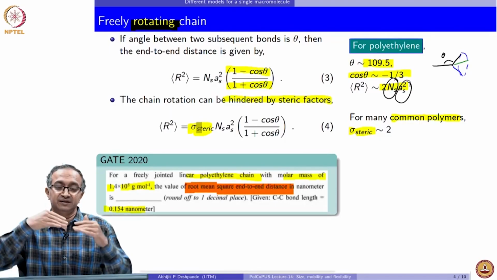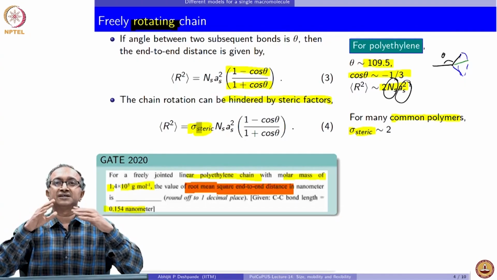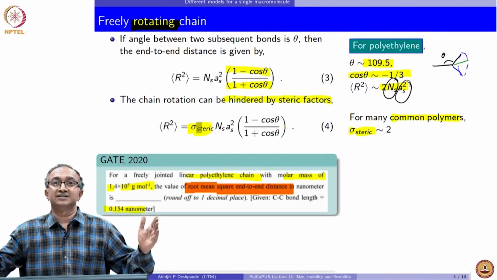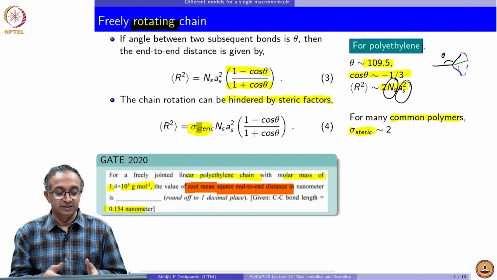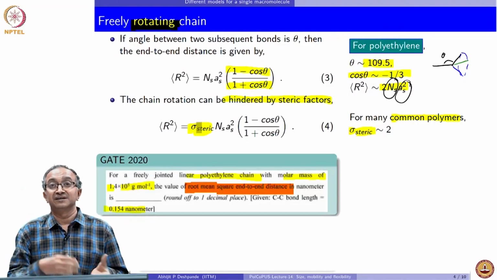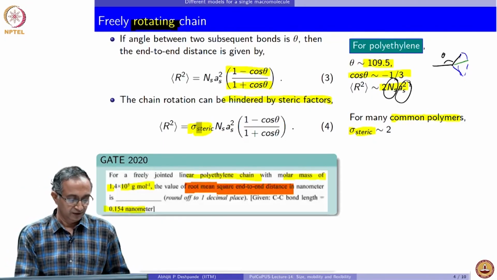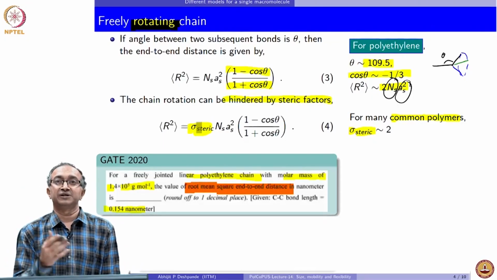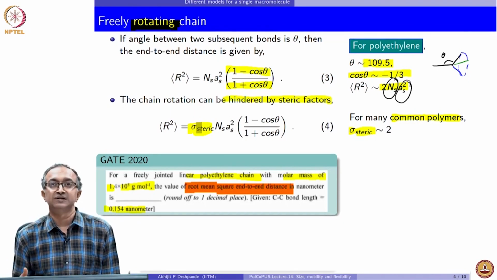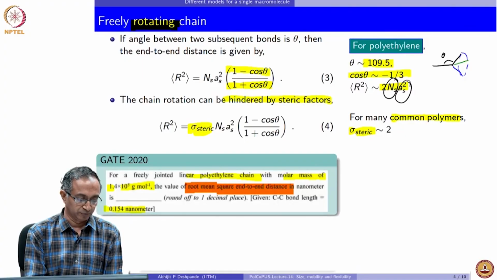As soon as you bring in the fact that in the C-C bond there is a 109 degree tetrahedral angle, the end-to-end distance increases by twice. Then if you add steric hindrances because of bulkier groups, the end-to-end distance becomes even higher. So end-to-end distance can be described based on many of these models, and depending on the situation, one or the other model may be more appropriate.